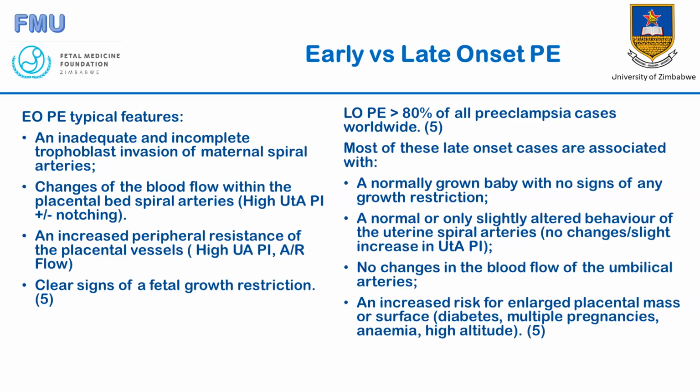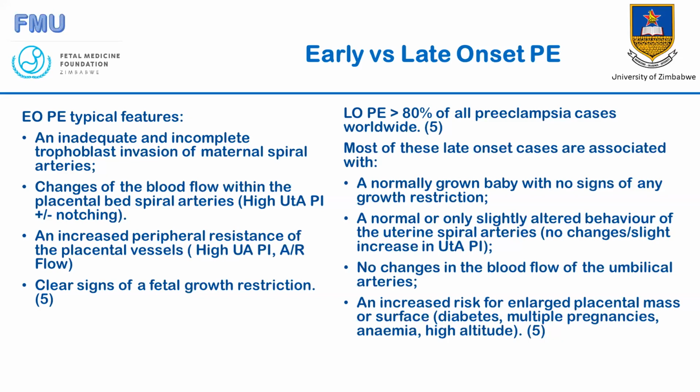Then, on the other side, we've got late onset preeclampsia, which contributes over 4/5 of all preeclampsia cases globally. Typical features include a normally growing baby with no signs of growth restriction.